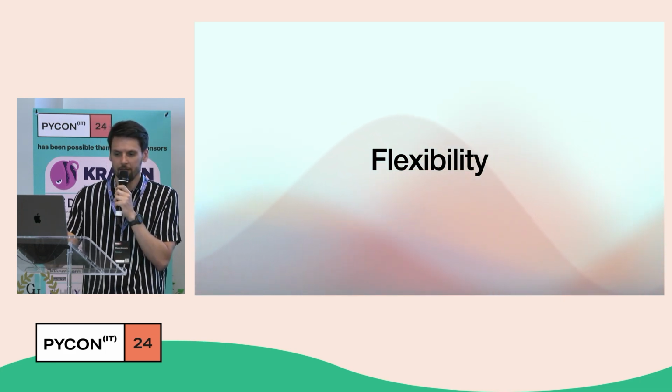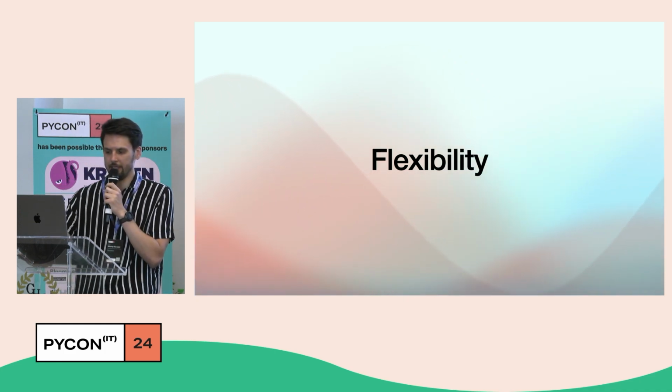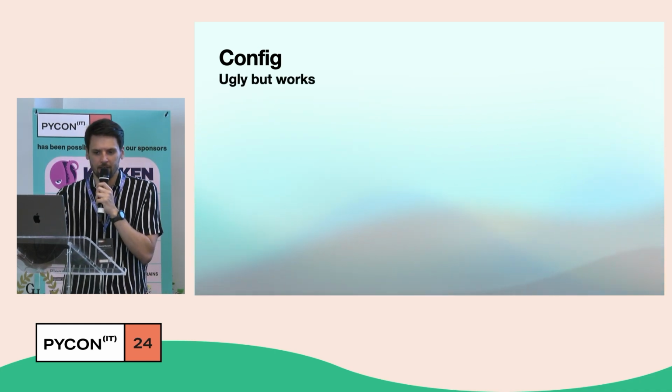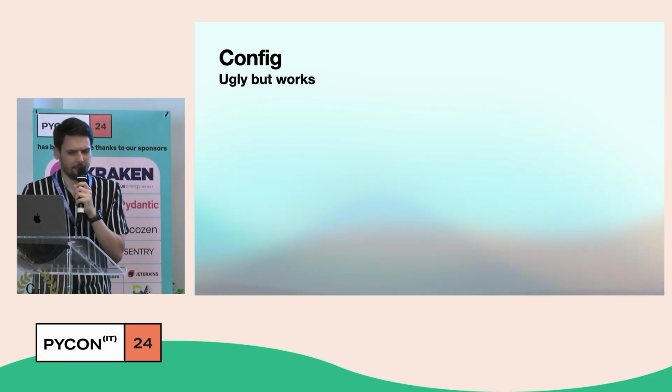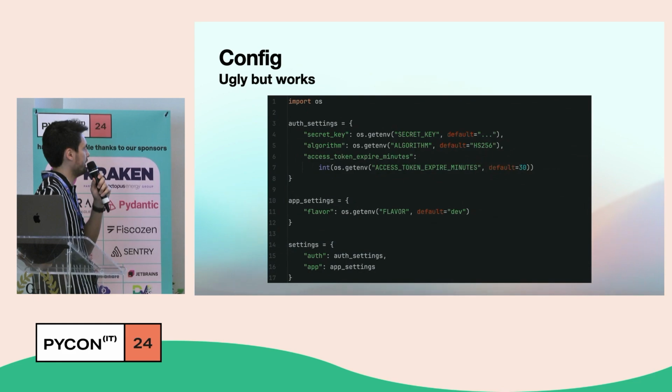In FastAPI, you can easily plug in what you want, as it doesn't force you to write your code in any particular way. A good example is how to define config in FastAPI. You can do it in any possible way, and you are totally free with your implementation. Therefore, I created this monster.